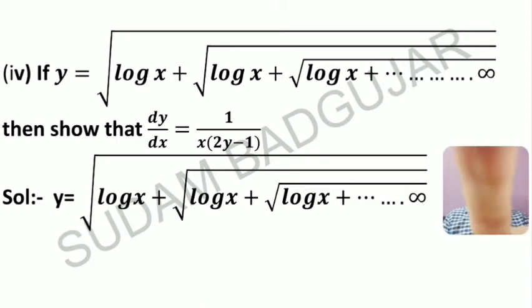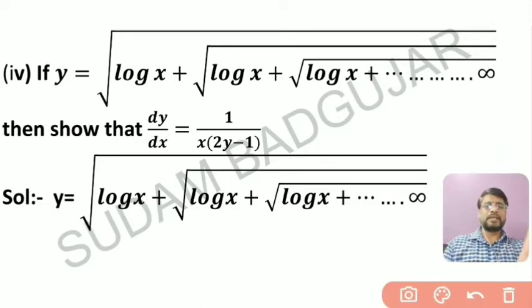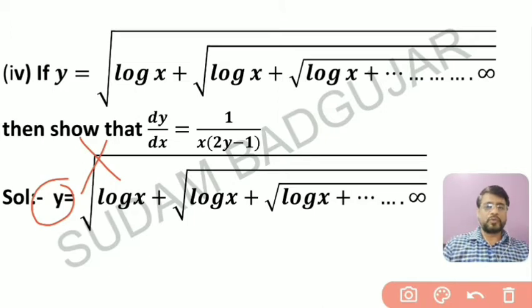So if you take squaring on both sides, then this under root is removed. You know, suppose root x is equal to 2, then after squaring you will get x is equal to 4, right.